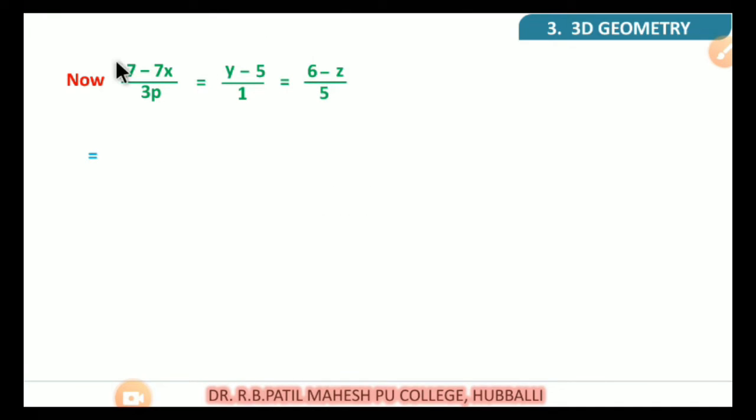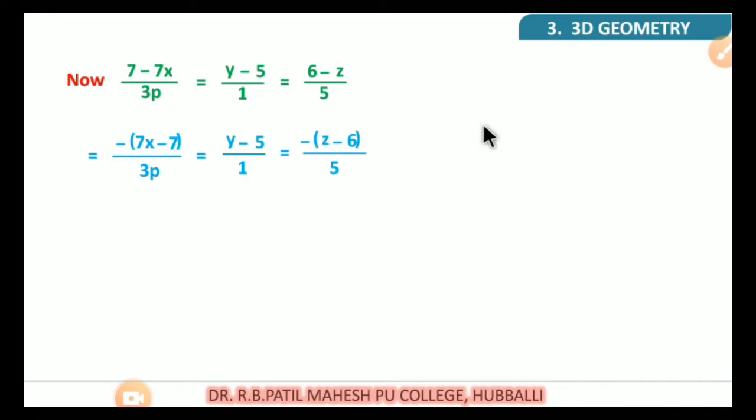Therefore, take 7 common and also minus common, because x has a minus sign here, so it should be positive. So I am going to take minus 7 common here, or else here we can take minus common first. So (7x - 7)/3p = (y - 5)/1 as it is. And here z has a minus sign, so take minus common. So it becomes (z - 6)/5.